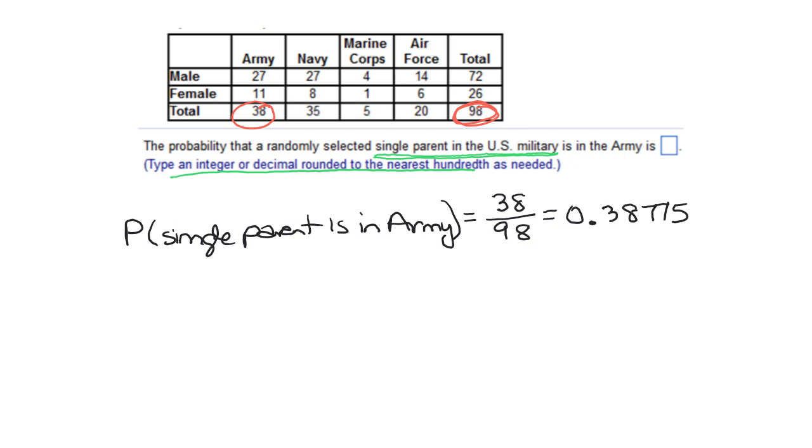And it says round to the nearest hundredths. We're going to go find that number that's in the hundredths position, which is this 8. We look to the right to see if we have 5 or larger. 7 is greater than 5, so I'll add a 1 to this hundredths position. And then my final rounding would be 39 hundredths.